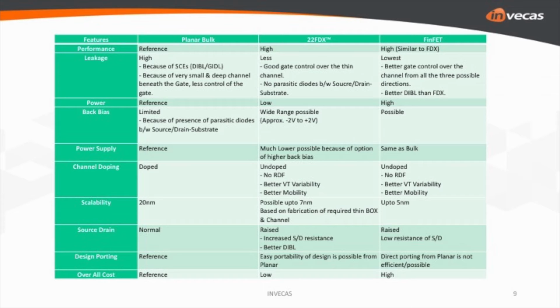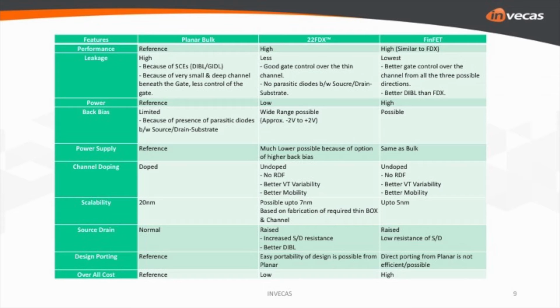The 22FDX process is suitable for low voltage applications, especially applications such as IoT and wearable devices, where longer operation time is required out of a smaller supply. FDX serves the purpose very well because of these obvious features, where low power and low leakage options are excellent in this process.